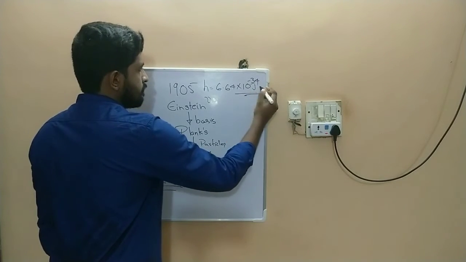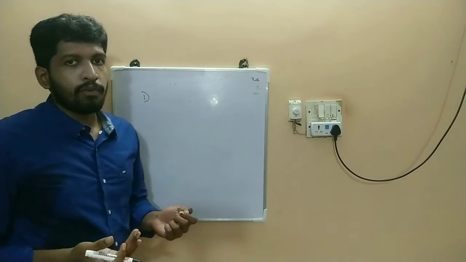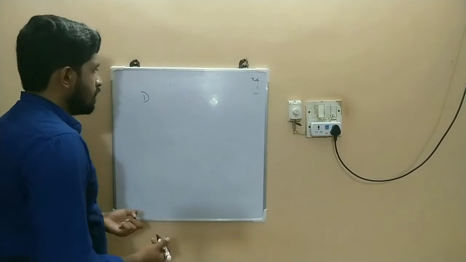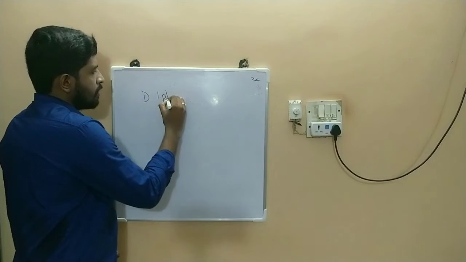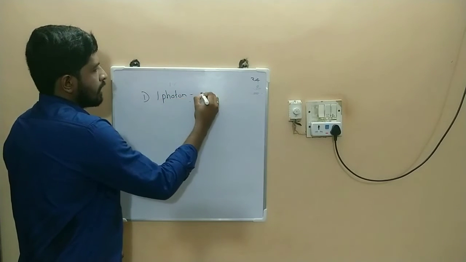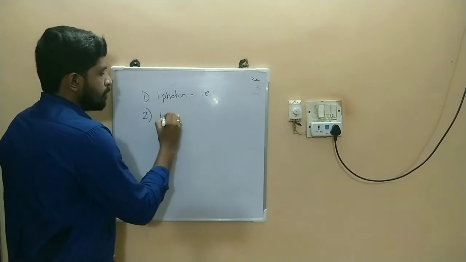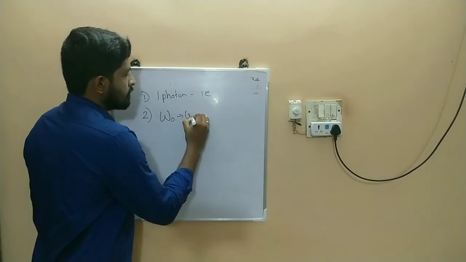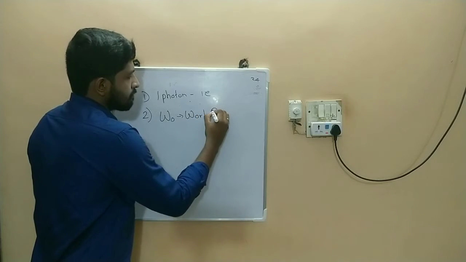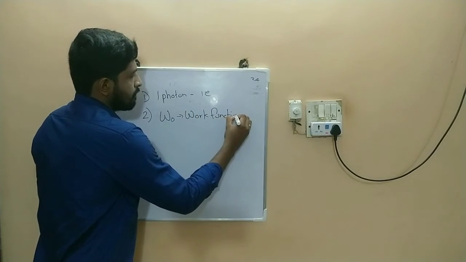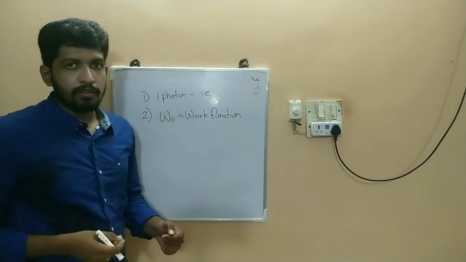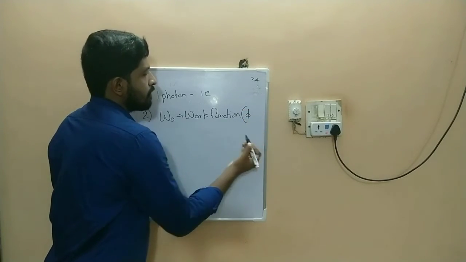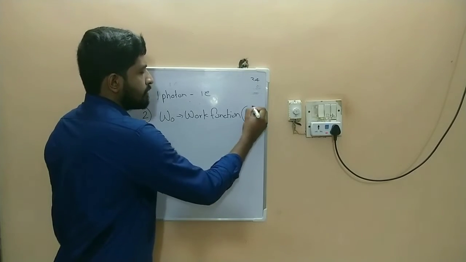For the explanation of the photoelectric effect, he proposed three conditions. The first is that one photon can only eject one electron. Next is W0, which we familiarized ourselves with in the previous class as the work function; it can also be represented as phi 0.